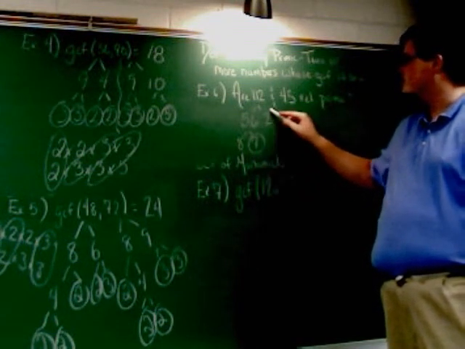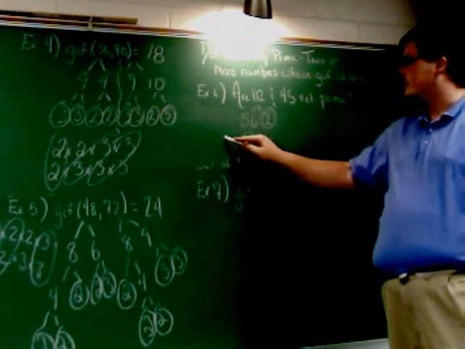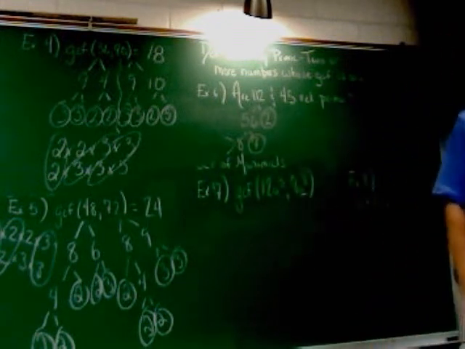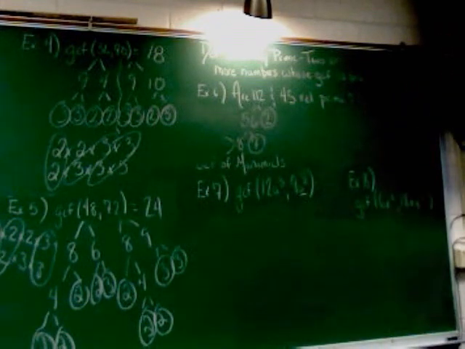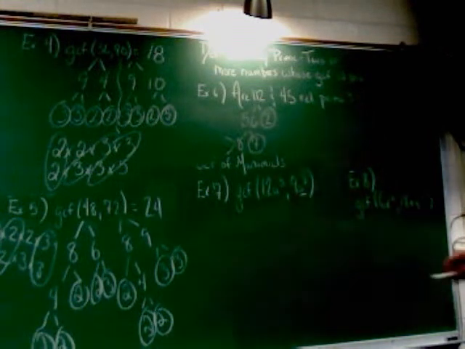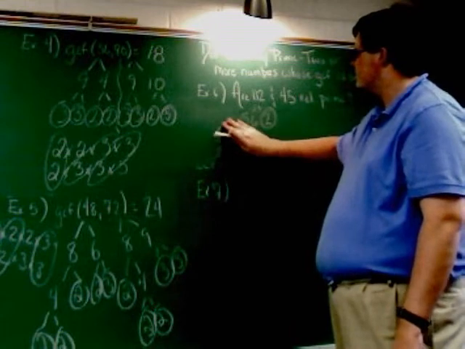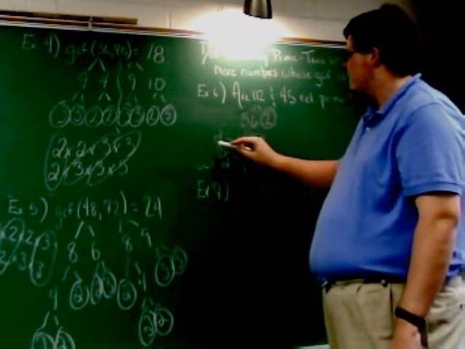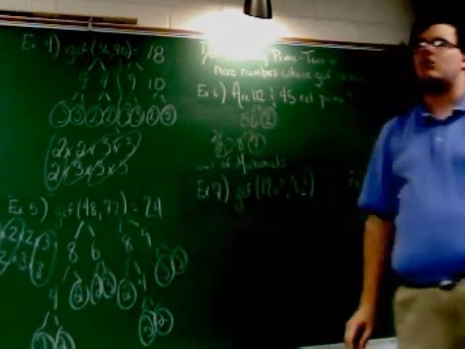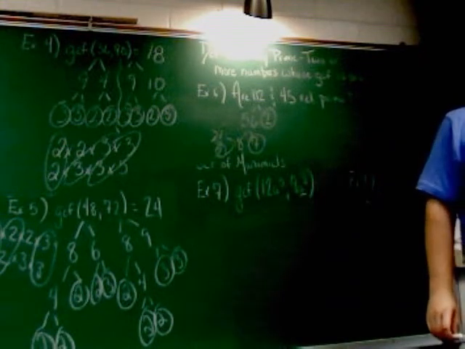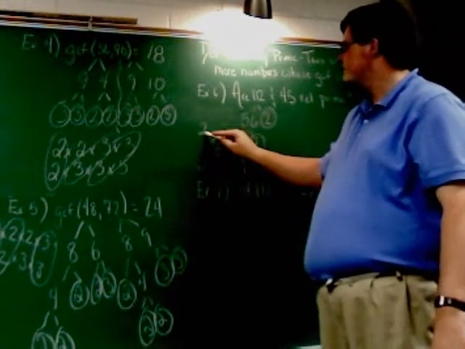Now, 7's a prime number, but 8 isn't, so 8 has to be broken down again. Break down 8. Caitlin? 4 and 2. Four has to be broken down one more time. 4 breaks down as 2 and 2.